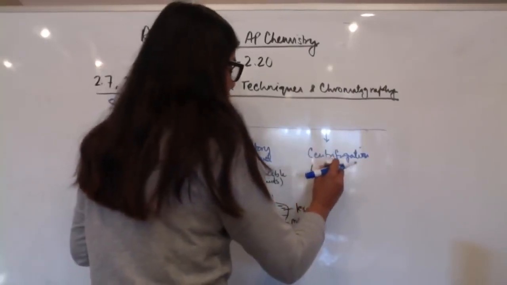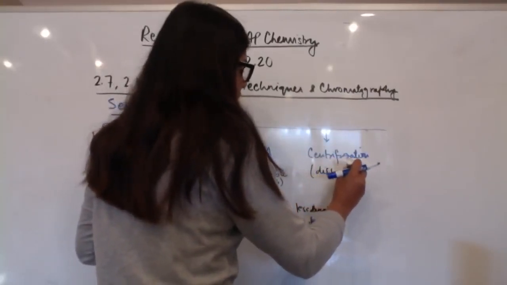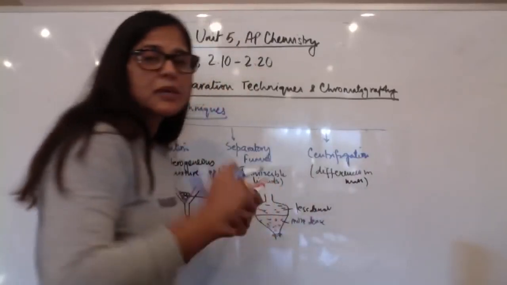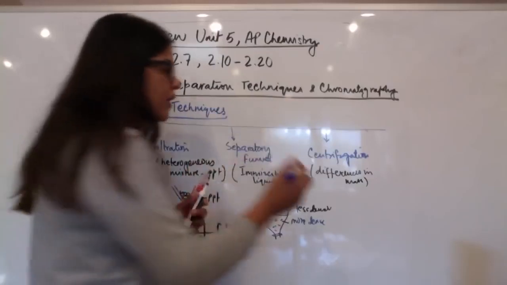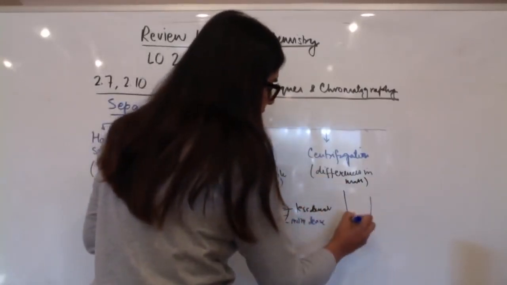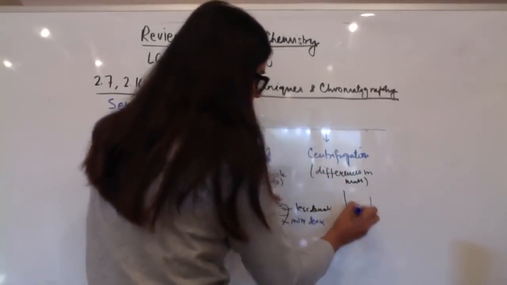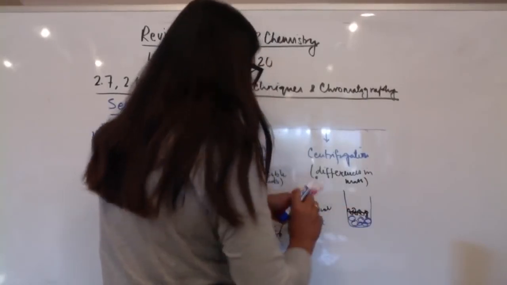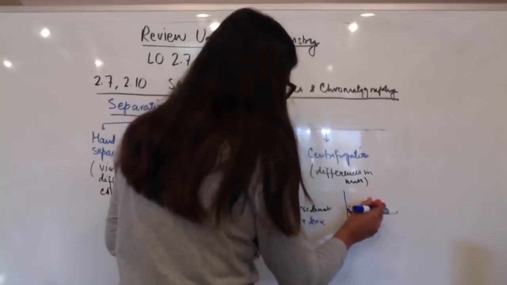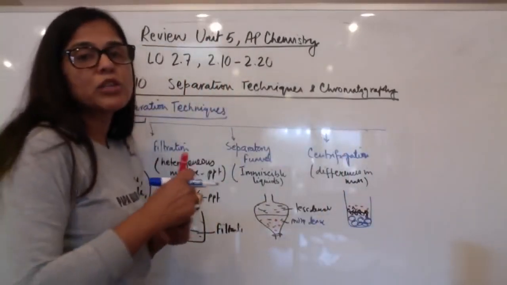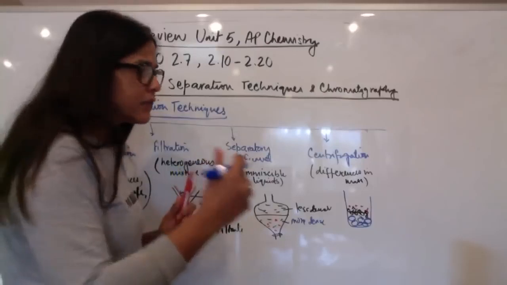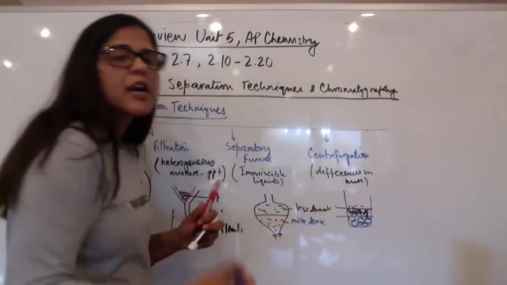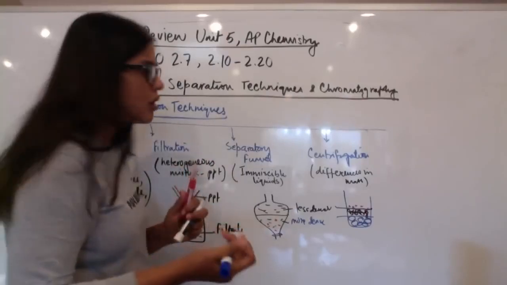As you spin something in a circle, the heaviest particles settle at the bottom, followed by smaller and then the smallest particles. And then you can separate out each layer by adding different solvents and dissolving one layer carefully, then the second layer and third layer, and then evaporating the solvent.